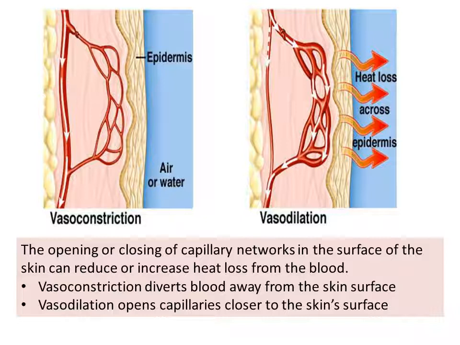On the right we've got vasodilation, and this is where those capillaries are being opened up, so the smooth muscle around those capillaries is being relaxed, and the blood is now flowing much more through those capillaries, and so that allows the blood vessels to be filled with blood. The blood is now going to flow closer to the surface of the skin, and that allows more heat to be transferred into the atmosphere by radiation, convection and conduction.